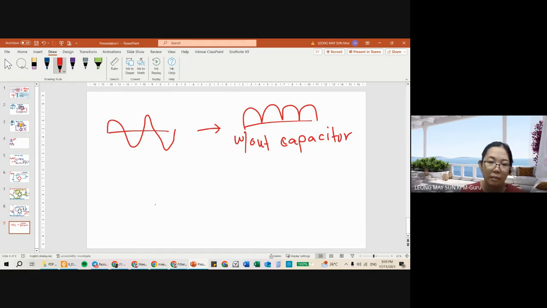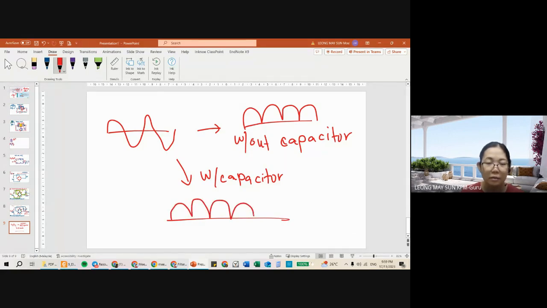But with the capacitor, when it's supposed to come down, the capacitor discharges and lets the current pass through the load. So when it starts to charge, it will charge up again. And then when it switches terminal, it discharges again.